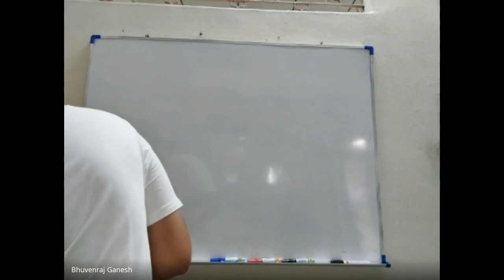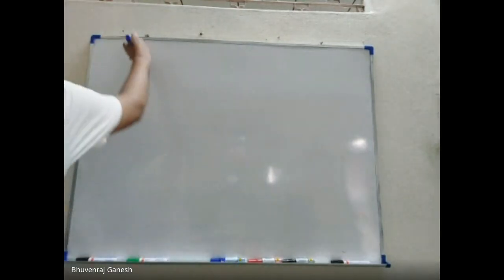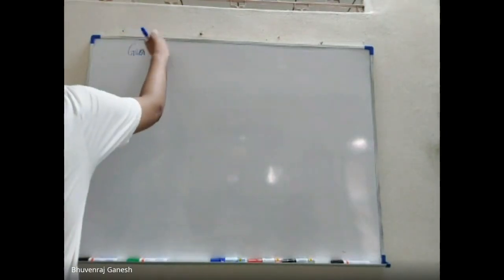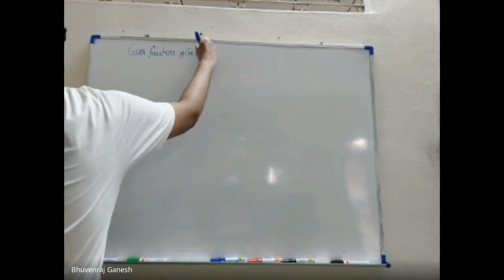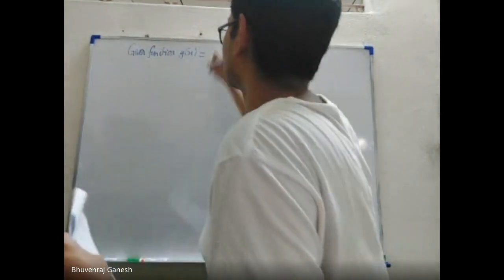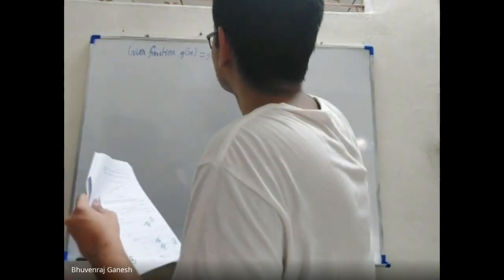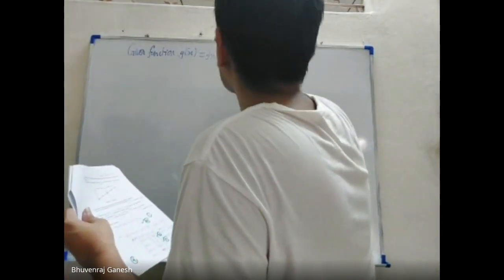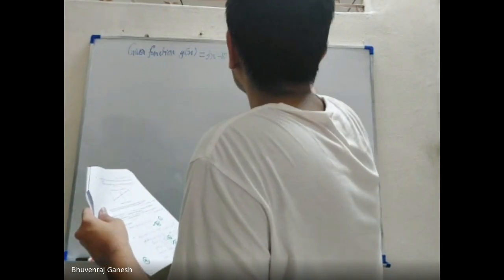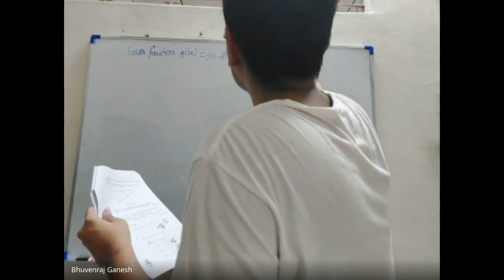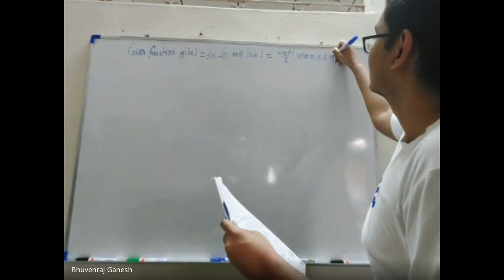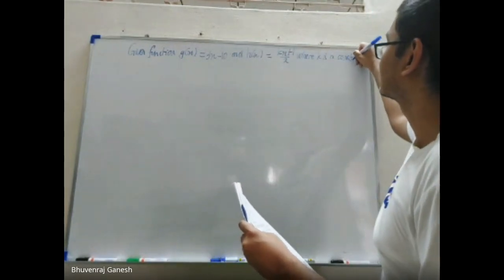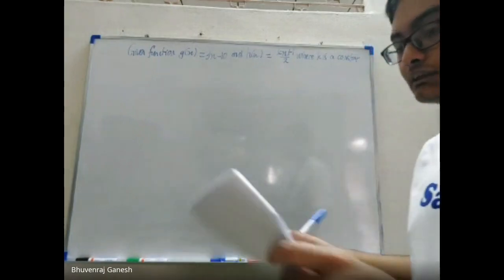So this is a key thing they test here also. So they say given function g(x) is 3x minus 10 and h(x) is kx plus 1 over 2, where k is a constant. So constants are actually numbers, integers. So that's how you think of constant.